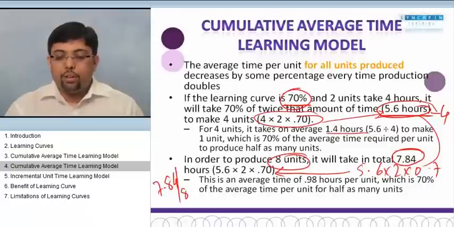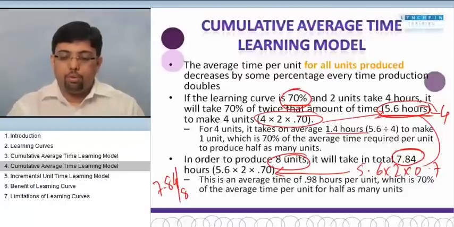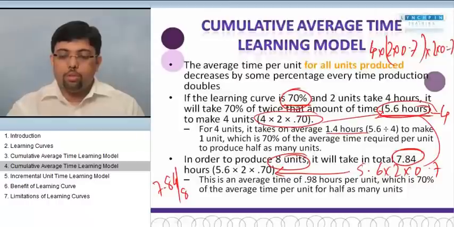Now, how can we achieve it for the 8? What we can do is multiply 4 into 2 into 0.7, into 2 into 0.7. So we can use the same formula which was given on the earlier page.